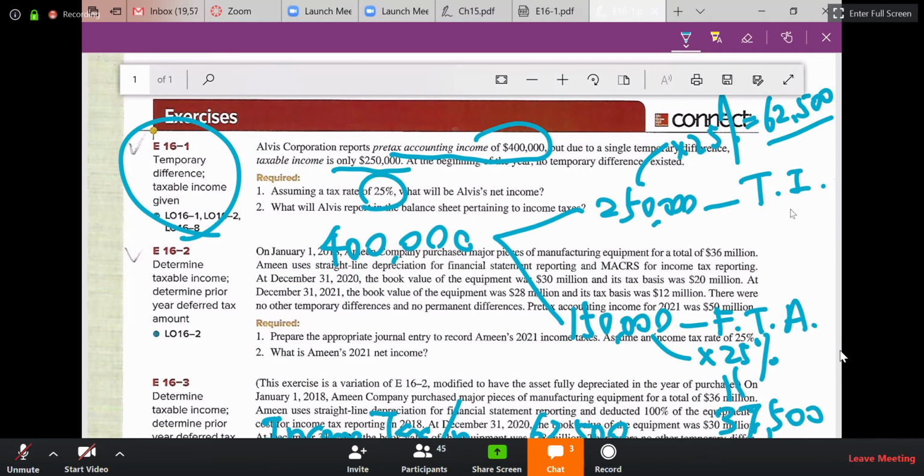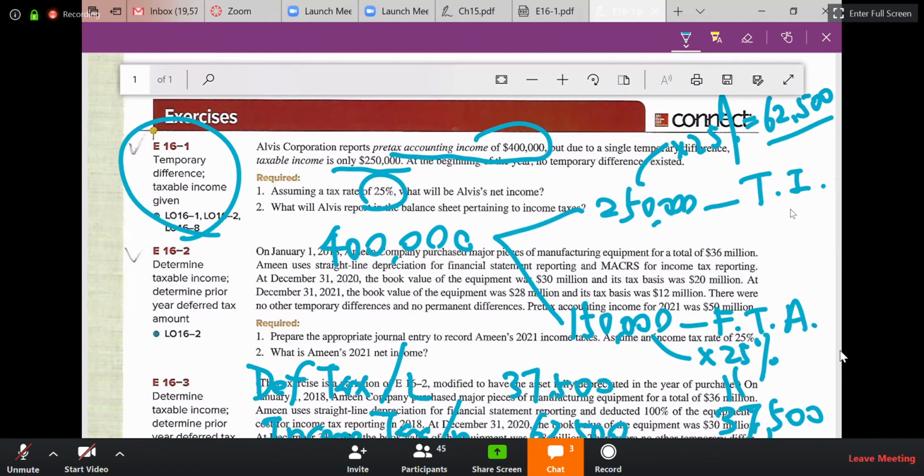So 37,500 is our tax obligation, but we call that deferred tax liability, which is 37,500.